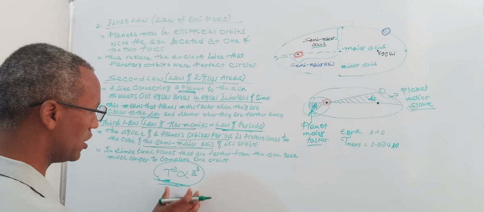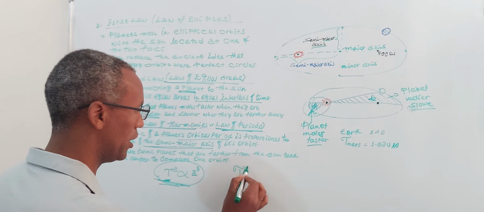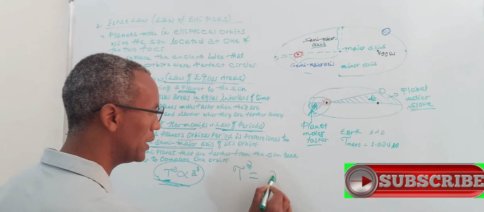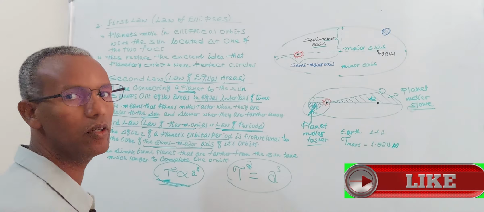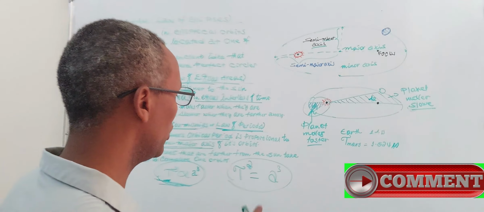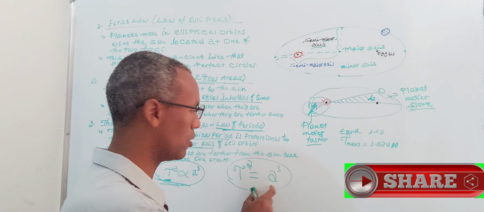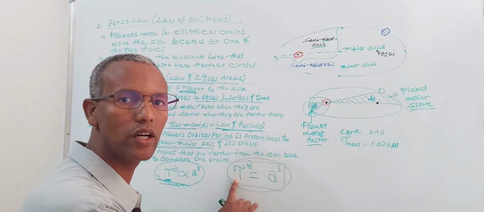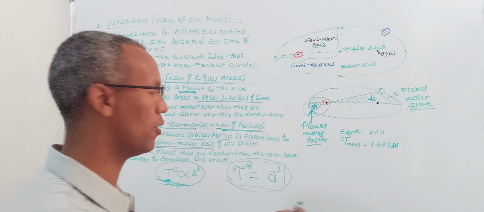The square of the orbital period is equal to the cube of the semi-major axis, and we can find the orbital period with this formula: the orbital period squared is equal to the cube of the semi-major axis.